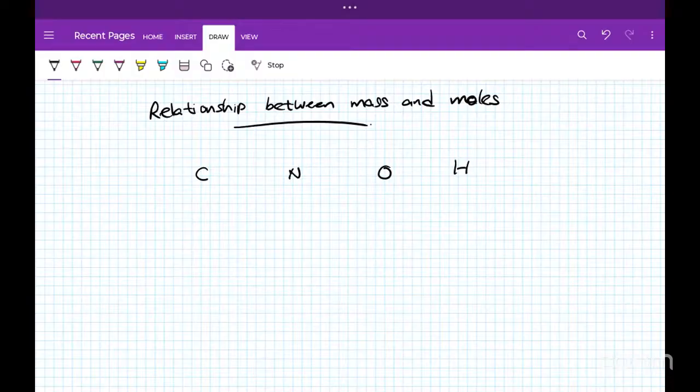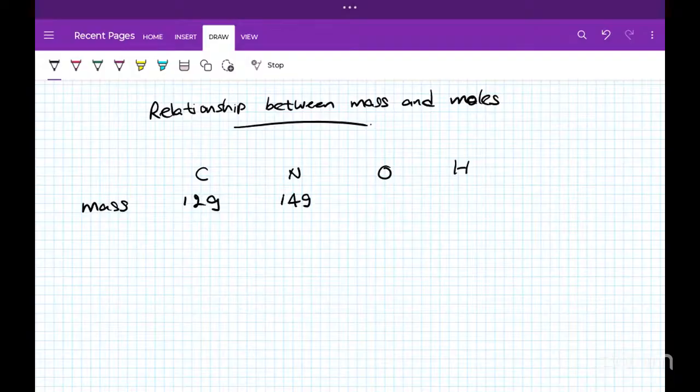For an example, we know relative atomic mass of carbon is 12. So you take 12 grams of carbon, right? And we know the relative atomic mass of nitrogen is 14. You take exactly 14 grams of nitrogen.